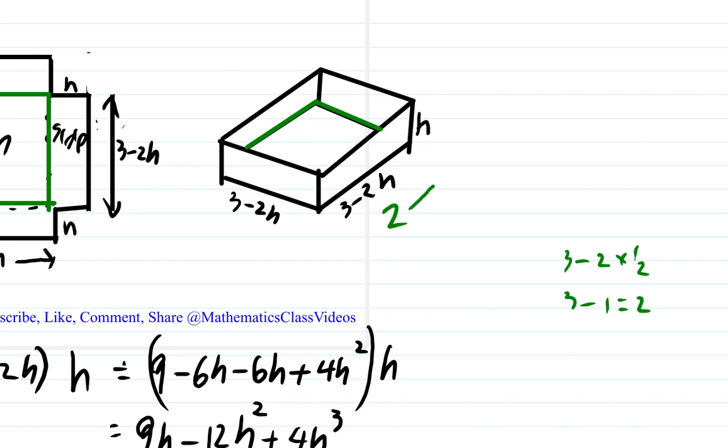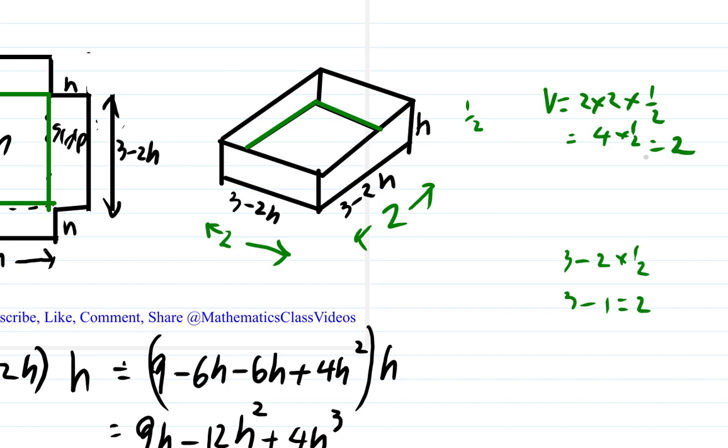So it is 2 by 2 by, the height would be half. For the volume, 2 by 2 by half: 2 twos are 4, 4 by half would be 2. So the volume would be 2 cubic units.